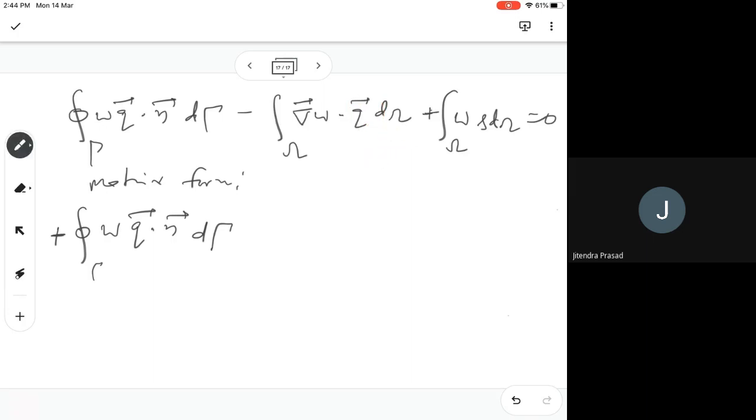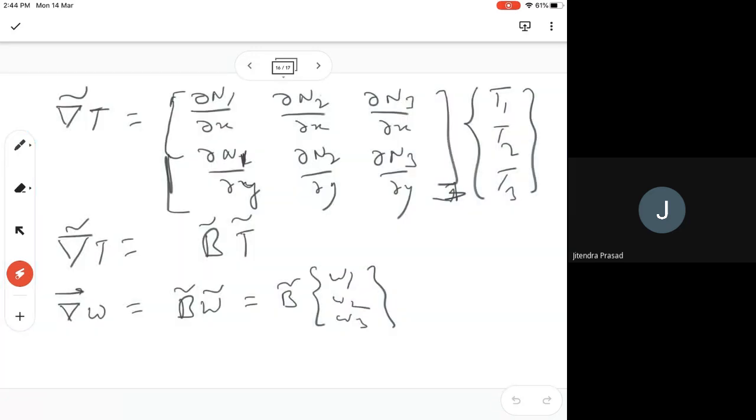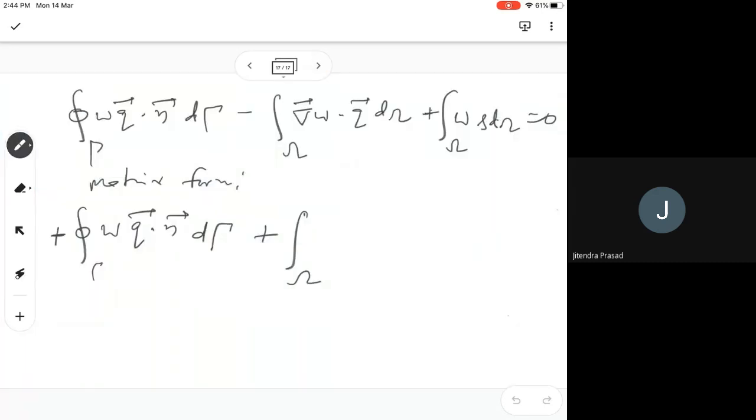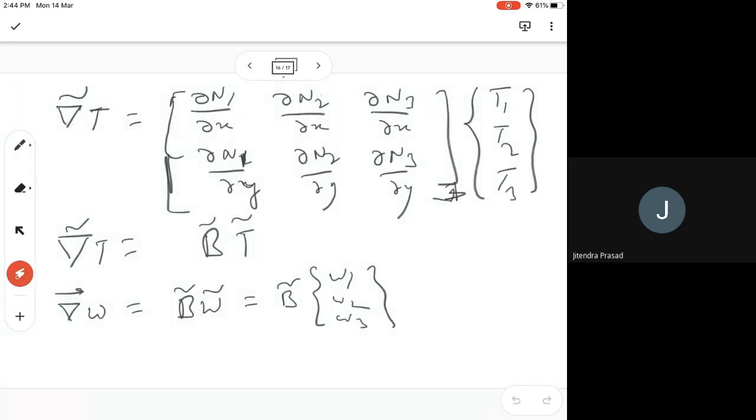And then we have gradient of W, and B W. Gradient of W is 2 by 3, this is 3 by 1, so this is 2 by 1, right?